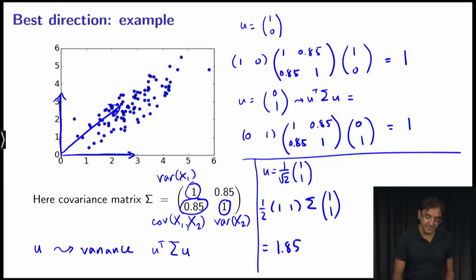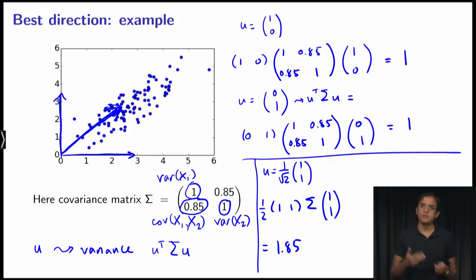So if we project onto this direction, the projected data has a variance of 1.85, much higher than either of the coordinate projections. So this is clearly a much better direction to project onto. And in fact, this is the direction of highest variance. How can we be sure of that?